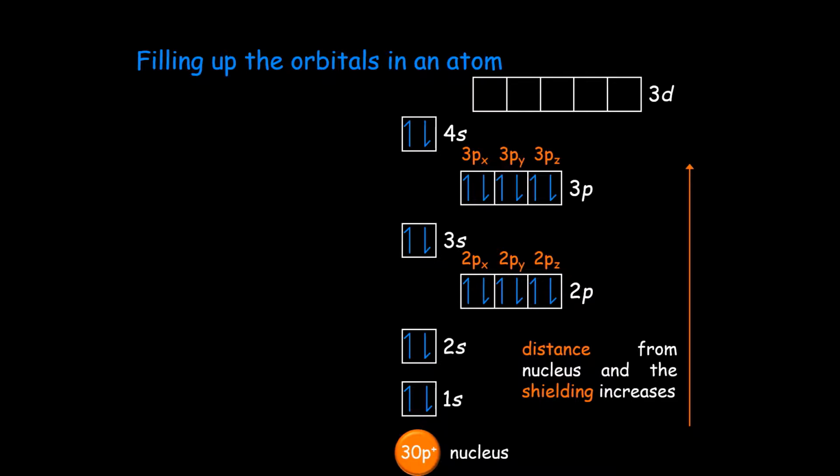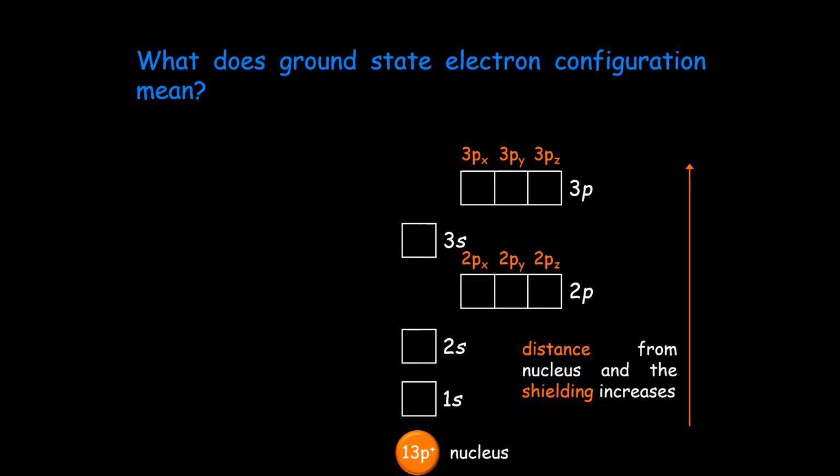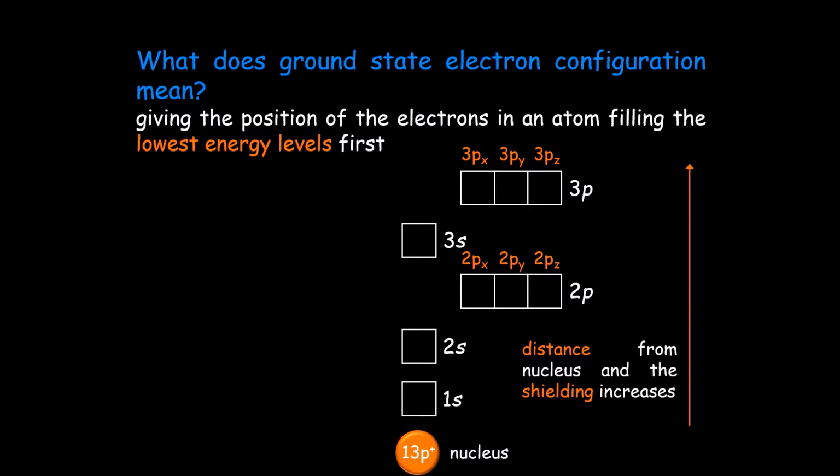Then the 3d gets filled singly, and then it pairs up. So that's the filling up order. So the 4s fills before the 3d. Now ground state electronic configuration is giving the position of the electrons in an atom filling the lowest energy levels first.